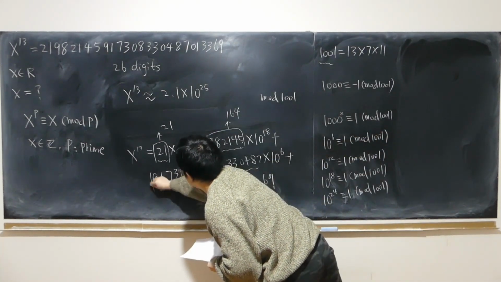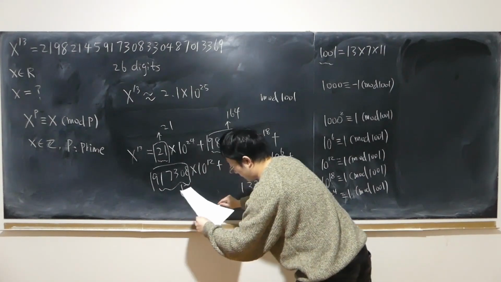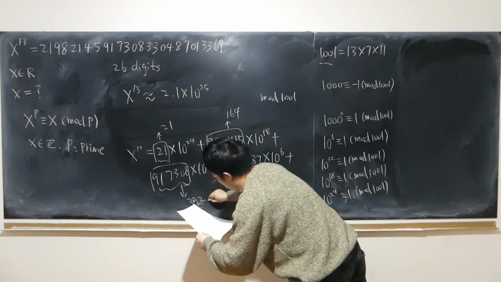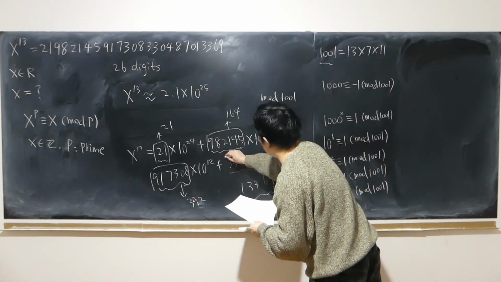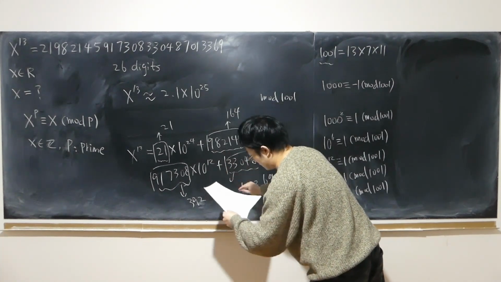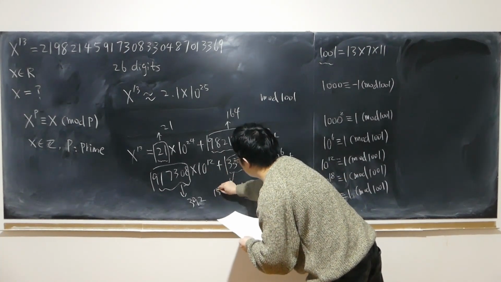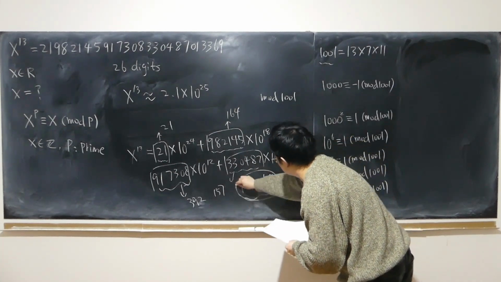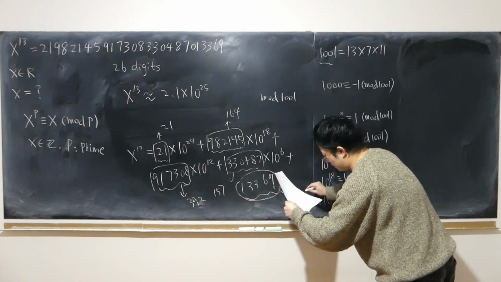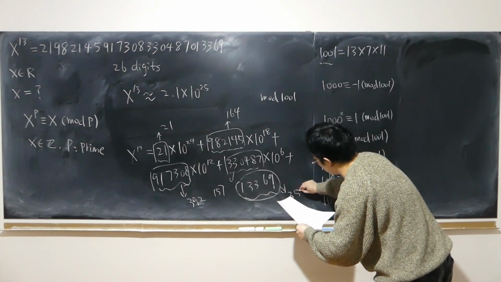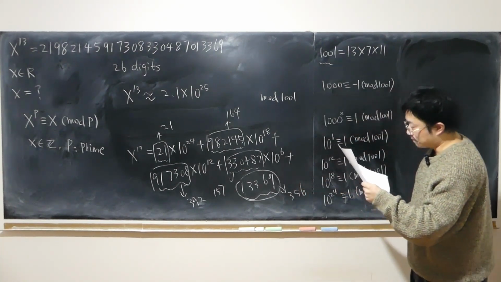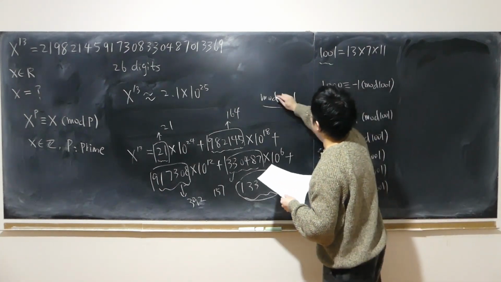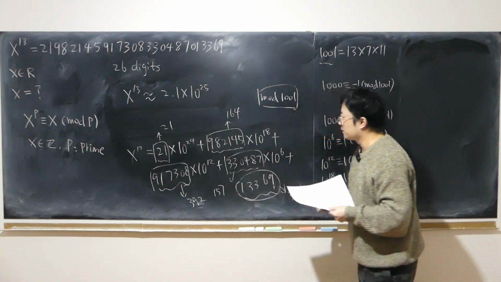Remainder of that, 392. Remainder of this, 157. Remainder of that, 356. That's using this as the divisor.